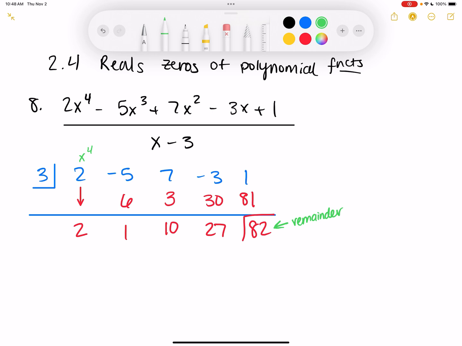Now this becomes an x cubed term, so when I write my final answer, I have 2x cubed plus x squared, and again, if you ever have a 0 down here at the bottom, we don't need to write it, but just make sure you skip over that term if there's a 0 anywhere. Plus 10x plus 27, and then whatever sign is on this is what sign you put with it, so plus 82 over whatever it was originally divided by, so x minus 3.